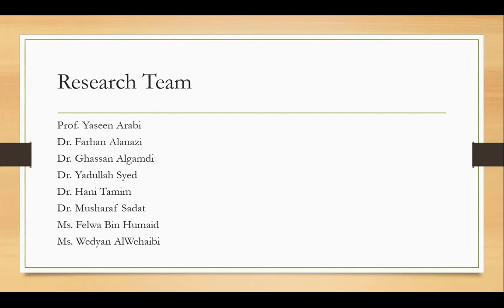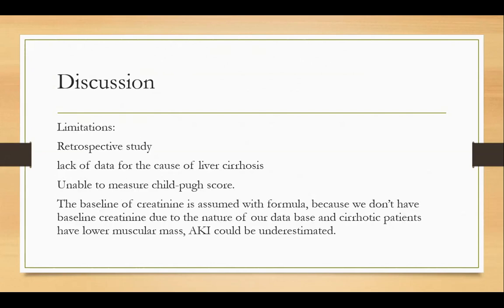You mentioned one of the reasons for the higher incidence or prevalence of acute kidney injury in our population is the etiology of liver disease, that we have more hepatitis C compared to Western studies where they have more alcoholic hepatitis.